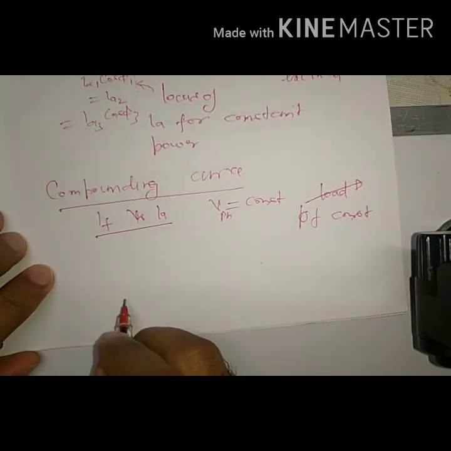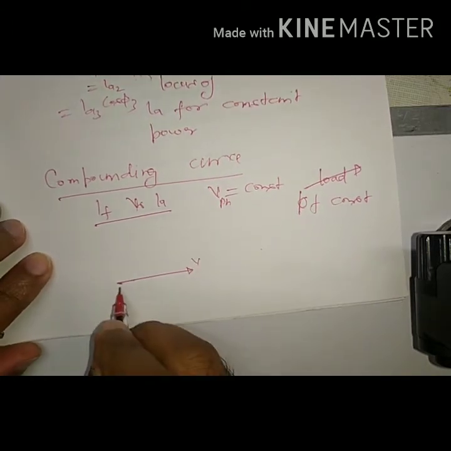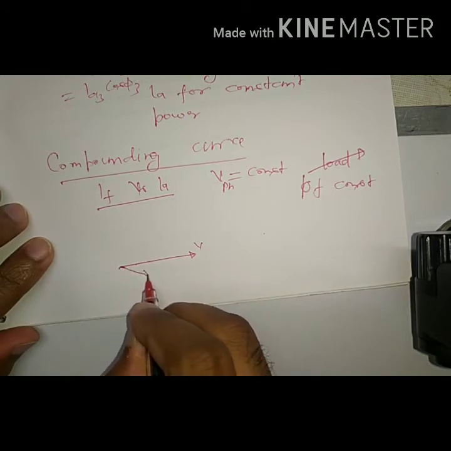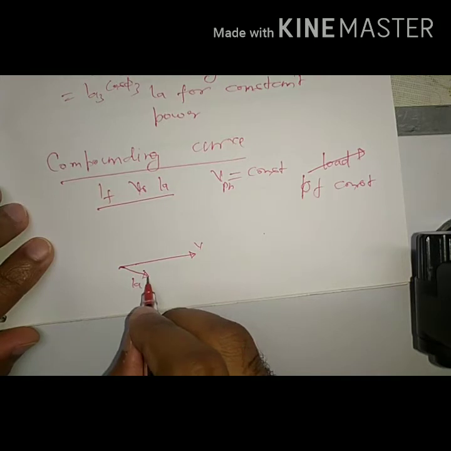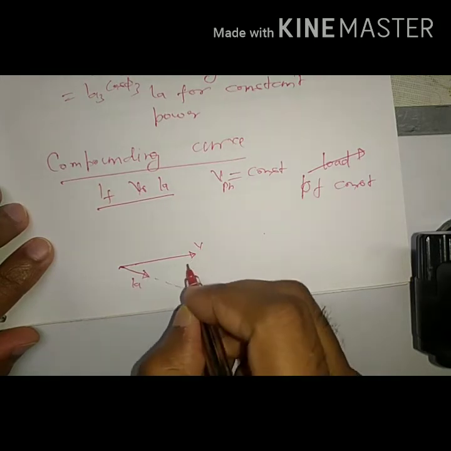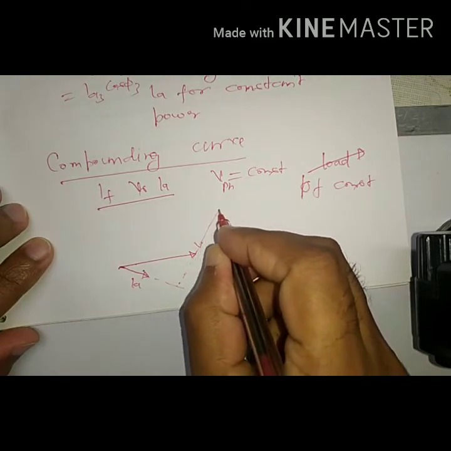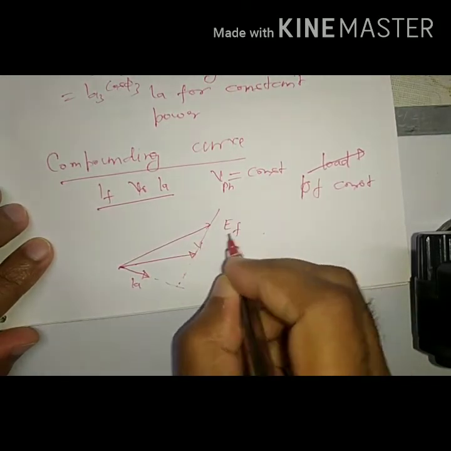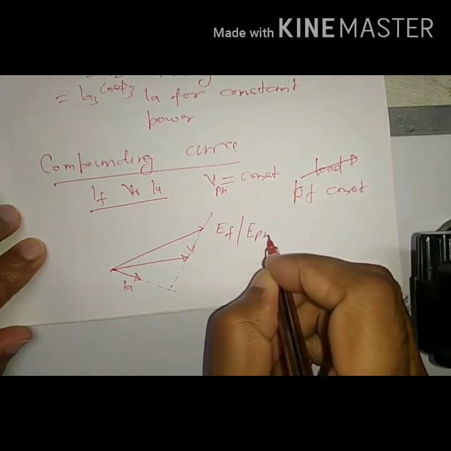We can see here from this phasor, if V is the constant terminal voltage, and this is one current IA with a given power factor. Omitting the IA RA drop because RA is taken as 0, this is the EPH or excitation requirement.